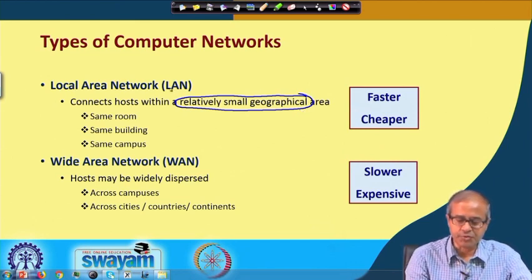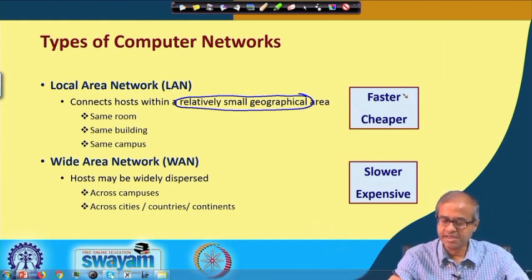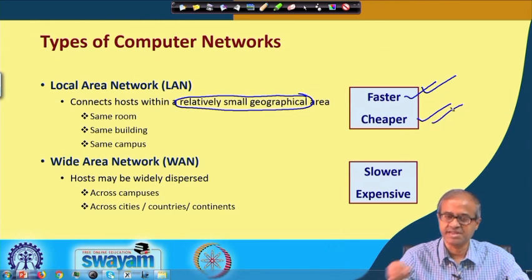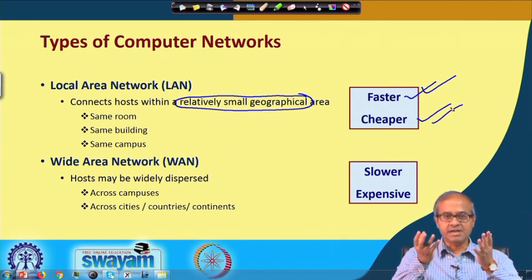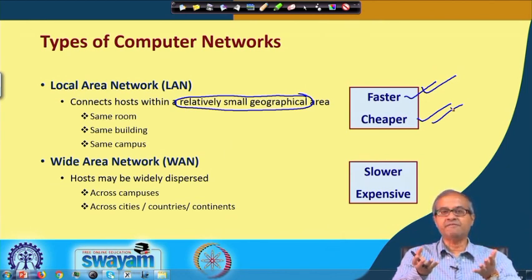Now, local area networks, broadly speaking, are the fastest kind of network, and also relatively cheaper in the long run. When I talk about fast, nowadays by default we have gigabit per second speed available on our desktops, but there are technologies with which you can even enhance the speeds to 10 Gbps, 40 Gbps, 100 Gbps.